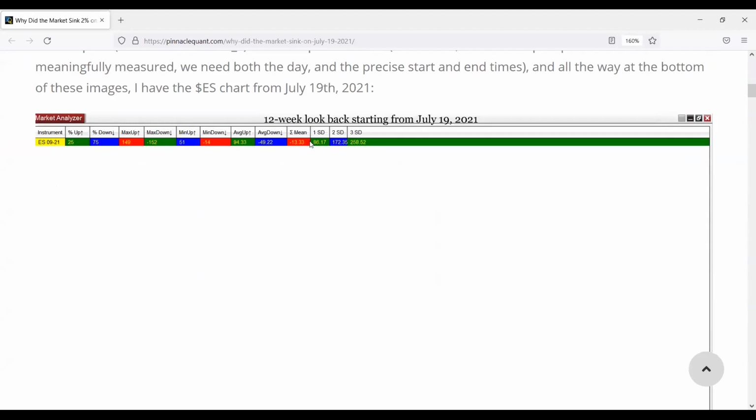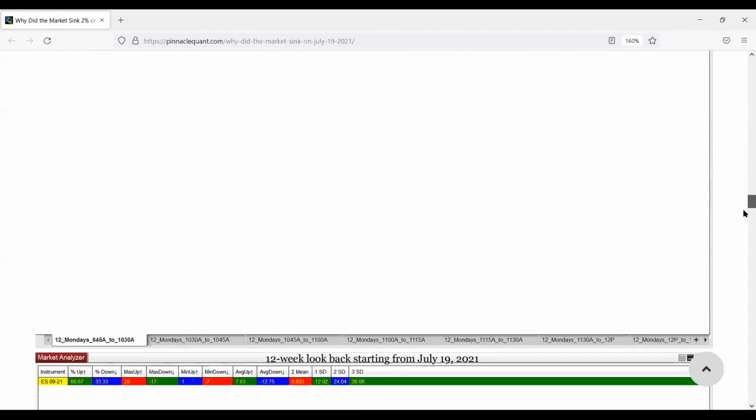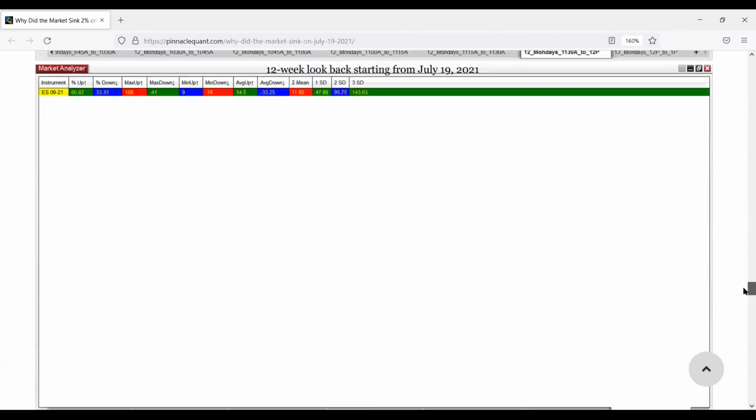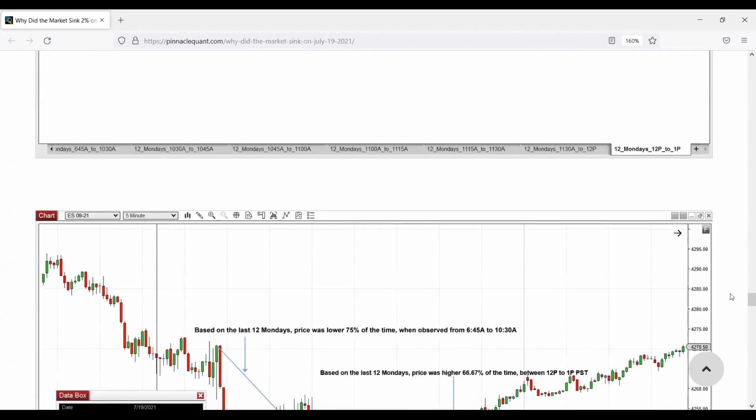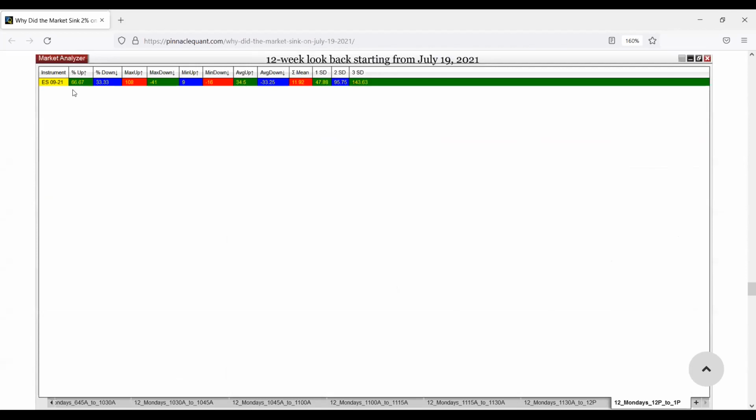And I have some other data as well: average up, average down, minimum up, minimum down. You have 1SD, which stands for standard deviation, 2SD, 3SD. That's your total mean. But it was down 75% of the time. And if you scroll all the way down to the bottom, right above the chart, I have the final breakdown of the statistics. It was up 66.67% of the time in the last hour.